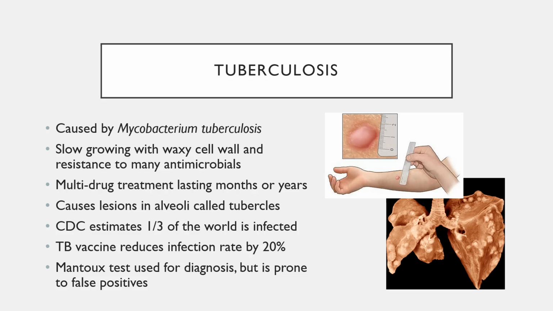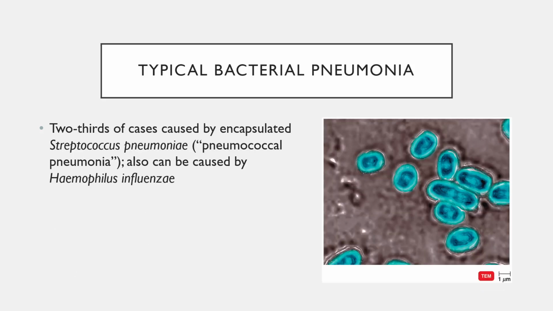So now we're moving on to our third bacterial lower respiratory system infection, which is bacterial pneumonia. Pneumonia is this overarching category that can be caused by both bacterial and viral pathogens, but here we're looking at and focusing on the bacterial causes. And in particular, we're going to be looking first at the typical bacterial causes.